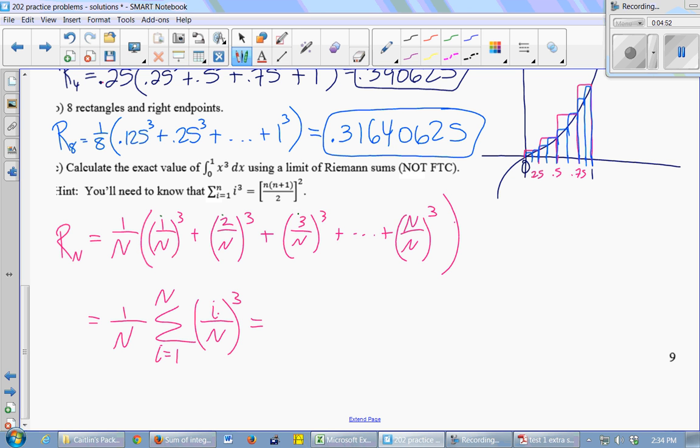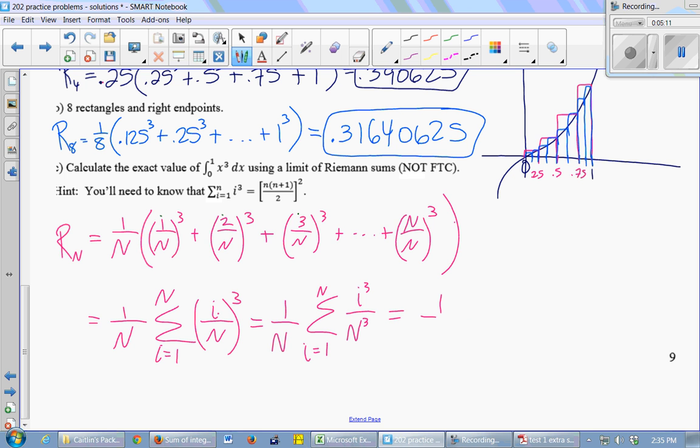All right, so a little bit of algebraic manipulation here, and I have the sum as i goes from 1 to n of i cubed over n cubed. Just cube the top and bottom of that fraction. All right, and then n cubed is just a constant. So I'm going to pull that right outside of my summation.